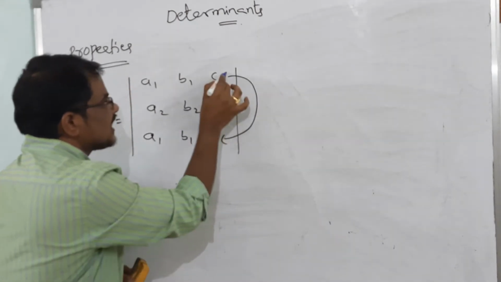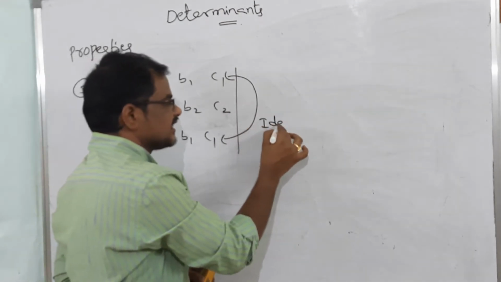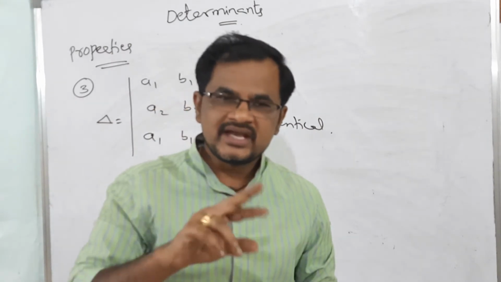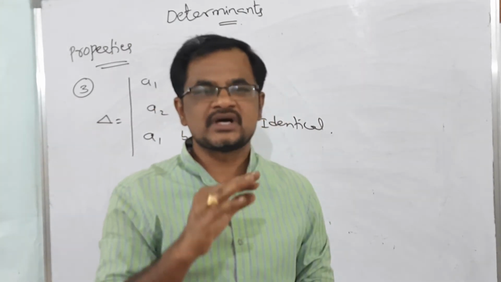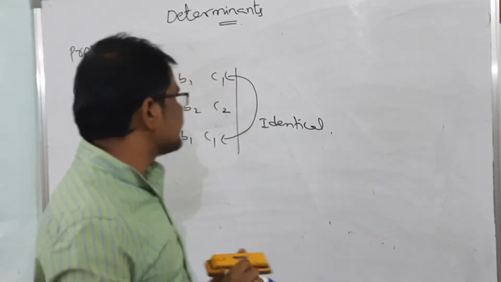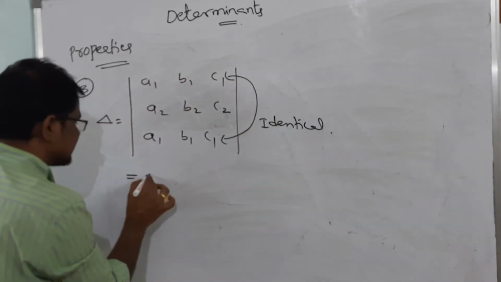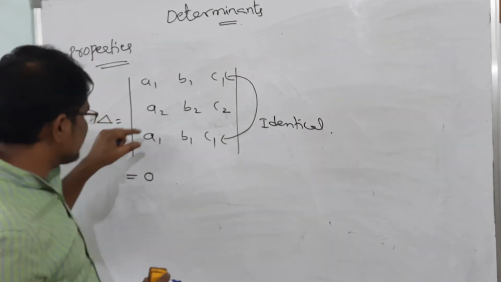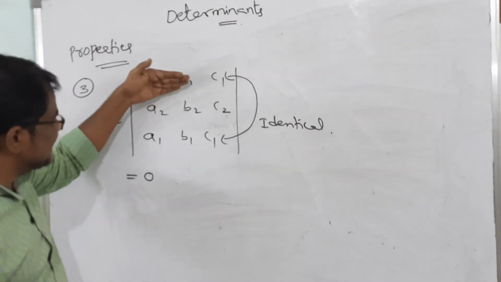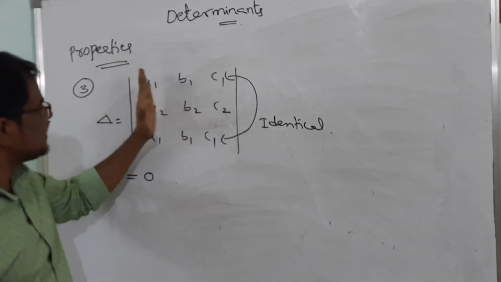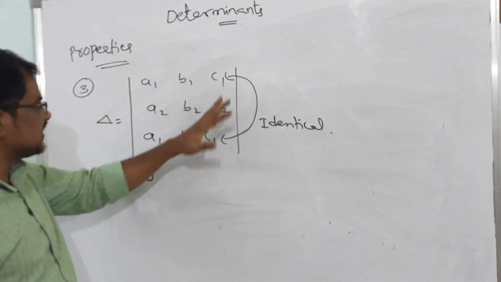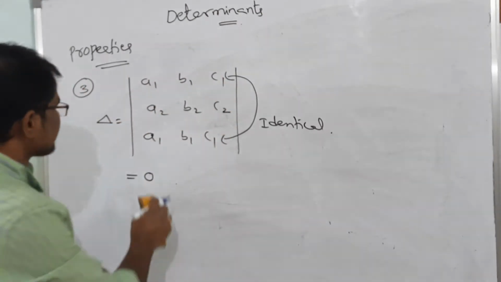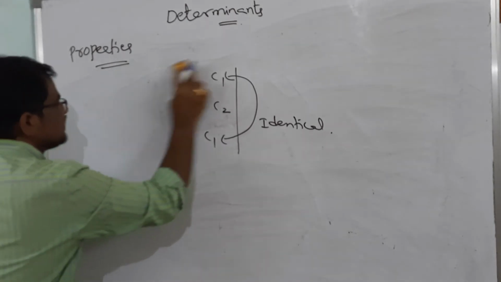These two rows are the same, means identical. In a determinant, if any two rows or any two columns are identical, then the value of the determinant is definitely 0, right? If you simplify this one, you will get 0 as the answer.